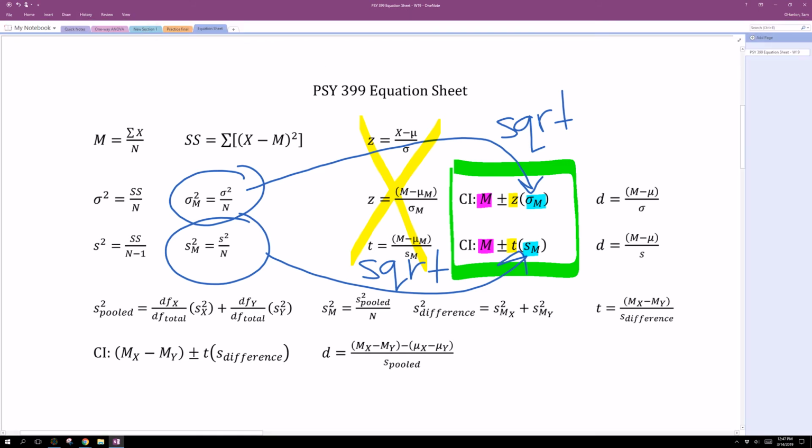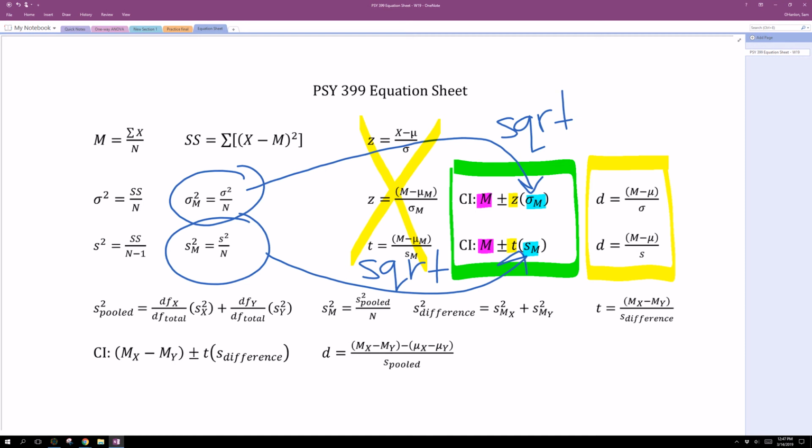And lastly, we have our equations for effect size. In the top version, you are using sigma because you know the population standard deviation. In the bottom one, you're using S because you have to estimate it using the sample standard deviation. For both cases in the numerator, you have your sample mean minus the population mean. So really, it's very similar to calculating a z-score, right?